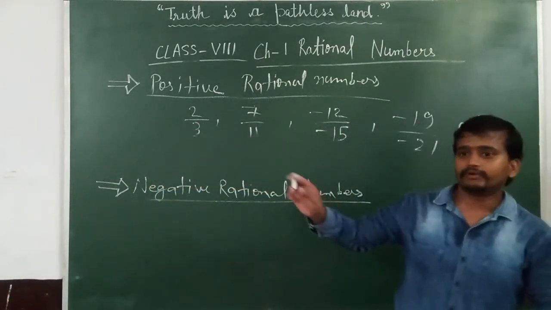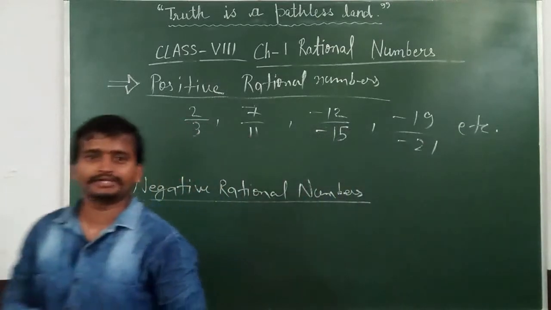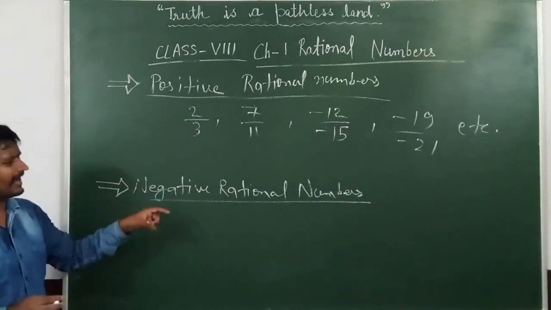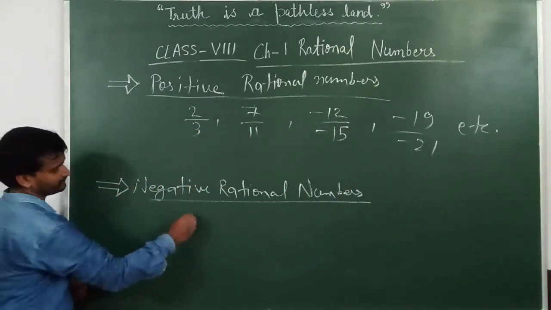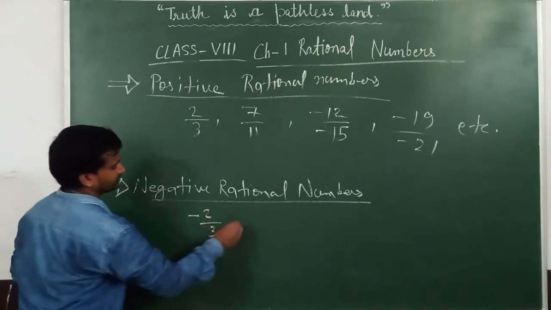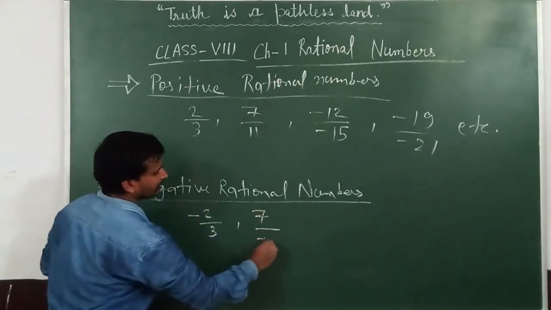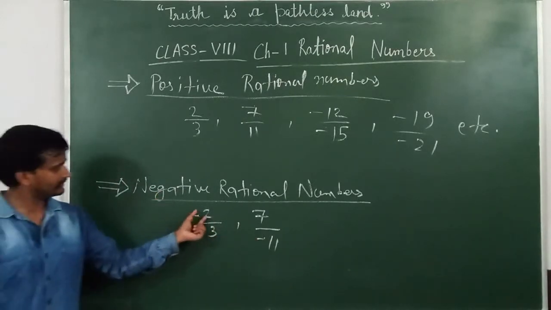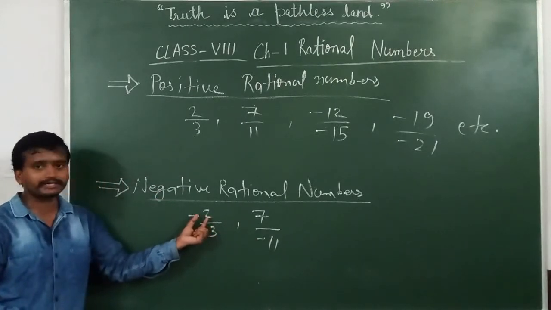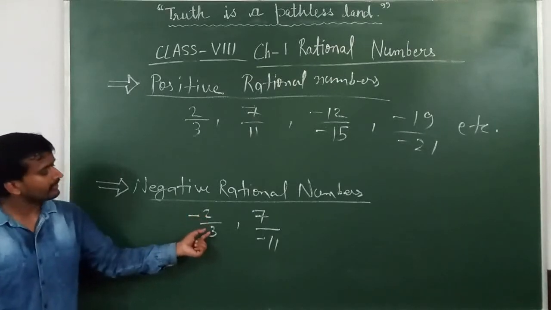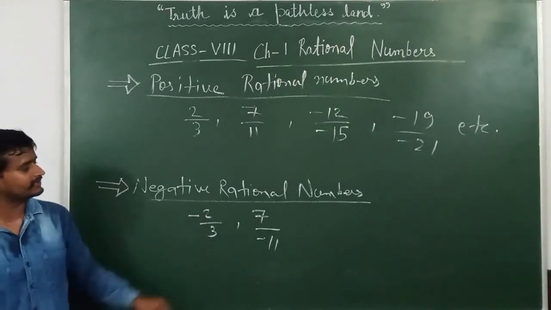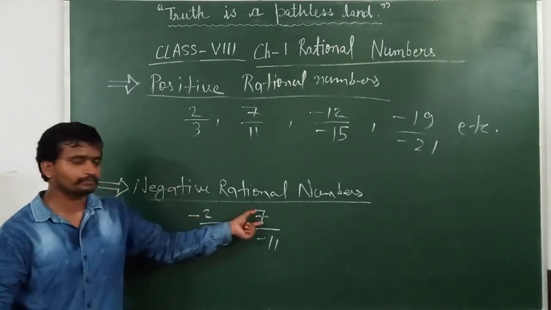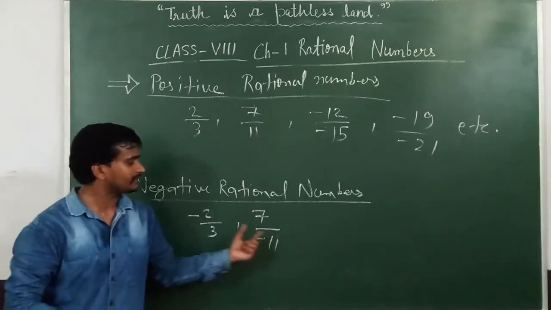Here, in numerator and denominator, the signs are different. For example, -2 upon 3, 7 upon -11. Here the numerator is a negative integer while the denominator is a positive integer. Here the numerator is positive and the denominator is negative.